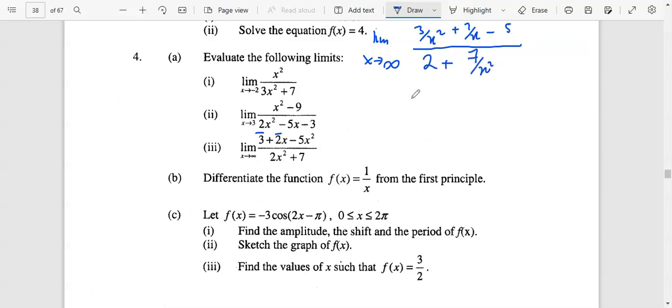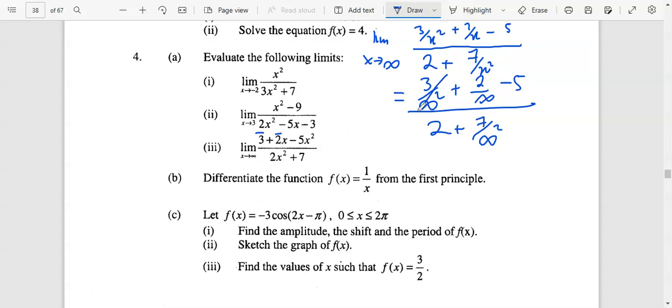Then substitute where there is x with infinity: 3 over infinity squared plus 2 over infinity minus 5, divided by 2 plus 7 over infinity squared. Now any number over infinity, or infinity squared, is 0. So this is 0, this is 0, this is 0. So the answer is negative 5 over 2.